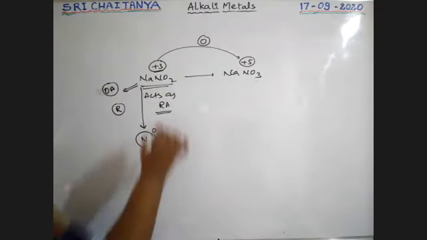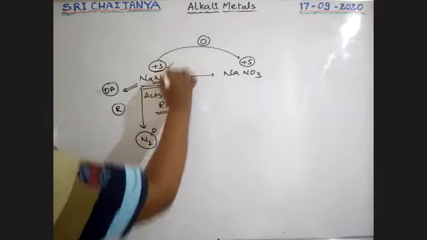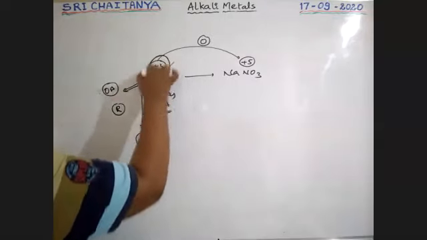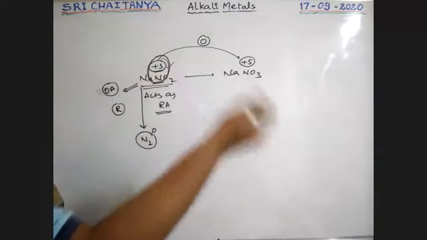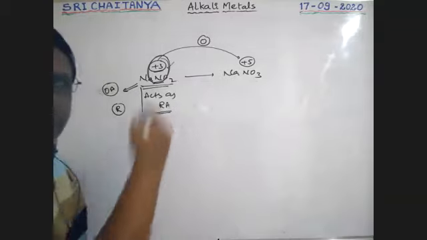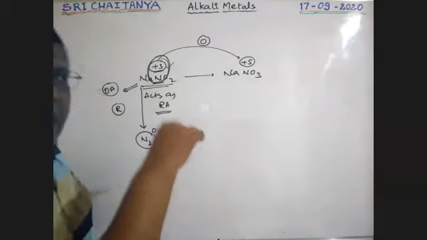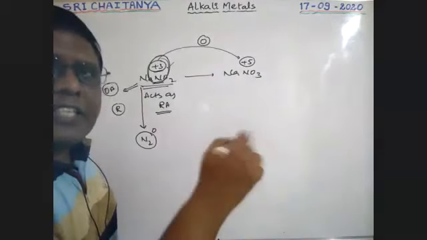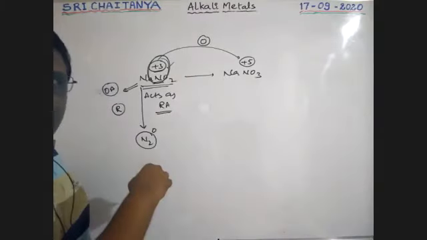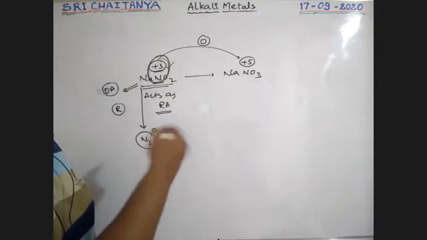This is the element which is in a middle oxidation state. Any element in a middle oxidation state can increase or decrease its oxidation state. If it increases, it is itself oxidized and acts as reducing agent. If it decreases, it is itself reduced and acts as oxidizing agent.